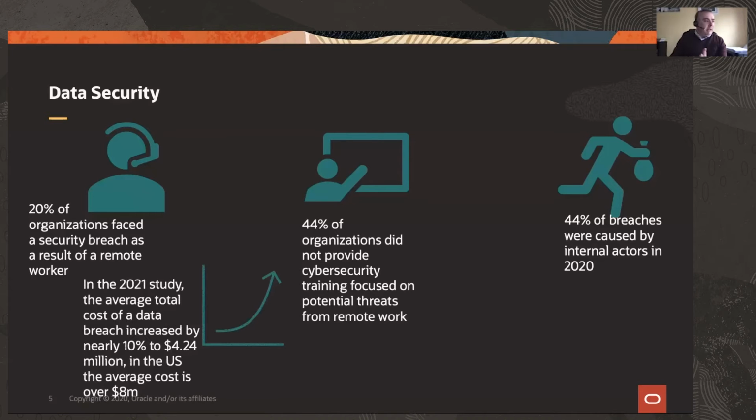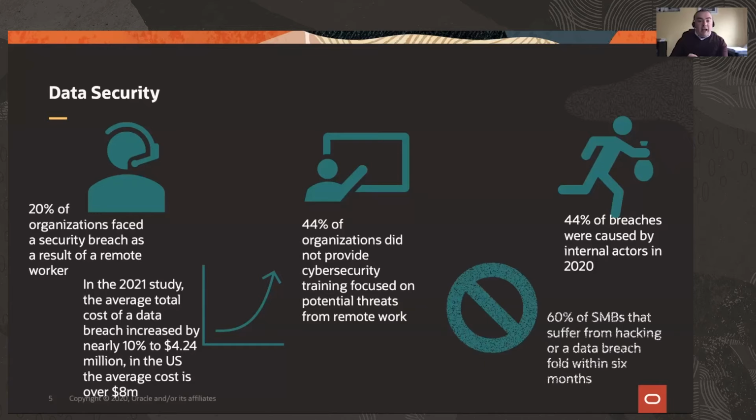And just a couple that we did cover previously, but they are worth re-mentioning here. In 2021, the average cost of a global data breach was $4 million, but in the US that rose to over $8 million. And 60% of small to medium businesses that suffer from a hack or a data breach will actually fold within 6 months.